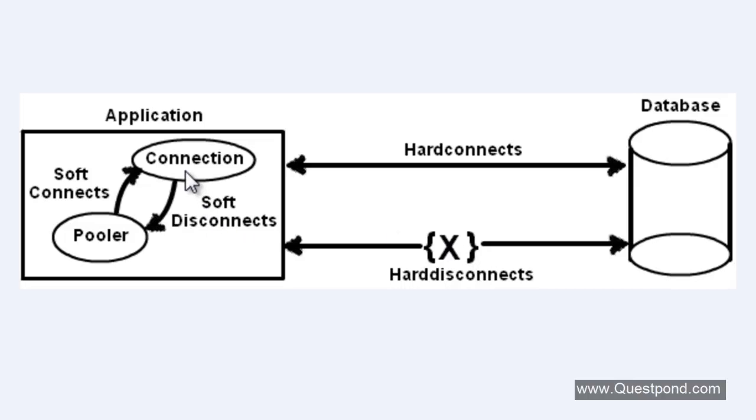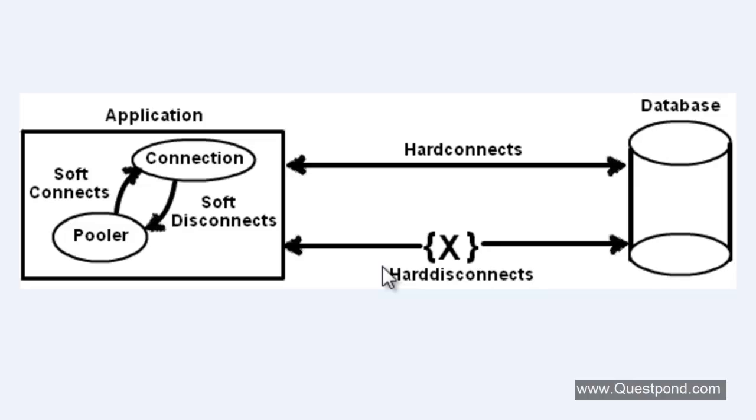But if the connection object is created from the pool, it is called a soft connect. And if the connection object is returned back to the pool after you do a close, it is called a soft disconnect. In other words, if you see a lot of soft connects and soft disconnects, that means pooling is happening. If you see a lot of hard connects and hard disconnects, that means pooling is not happening. You are actually hitting the SQL Server.